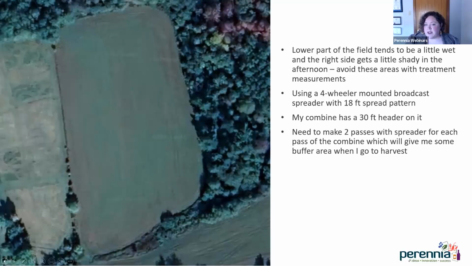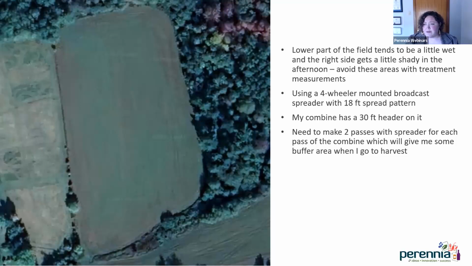Looking at the equipment, I'm going to use a 4-wheeler mounted broadcast spreader, and it has an 18-foot spread pattern on it. So if my combine has a 30-foot header, I know that I'm going to have to do 2 passes with my broadcast spreader in order to have enough area for my combine to be able to get a strip down all in one treatment.